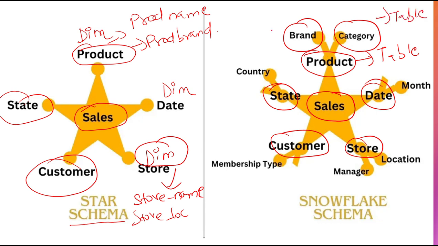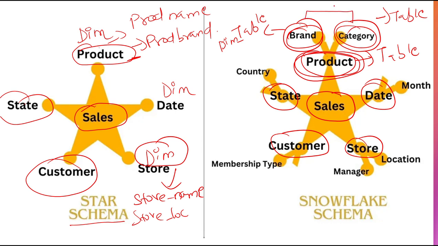As you can see here, this is one table and this is one table, so we call them dimensional tables. For example, in the star schema all these details are stored under this particular table, whereas here under the product, it has multiple tables like brand and category. This is what we call normalization.